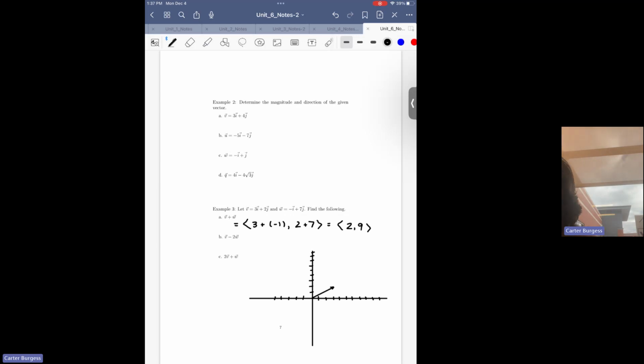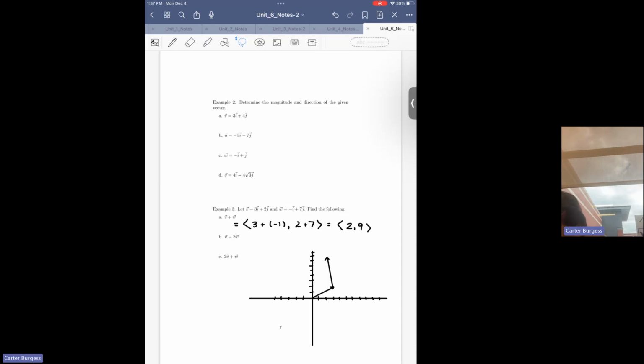The vector that is going to go back 1 and up 7 is going to look like this. And if I want to add them, we are taking where this vector leads off and attaching it to the start of our second vector, exactly as we see here.